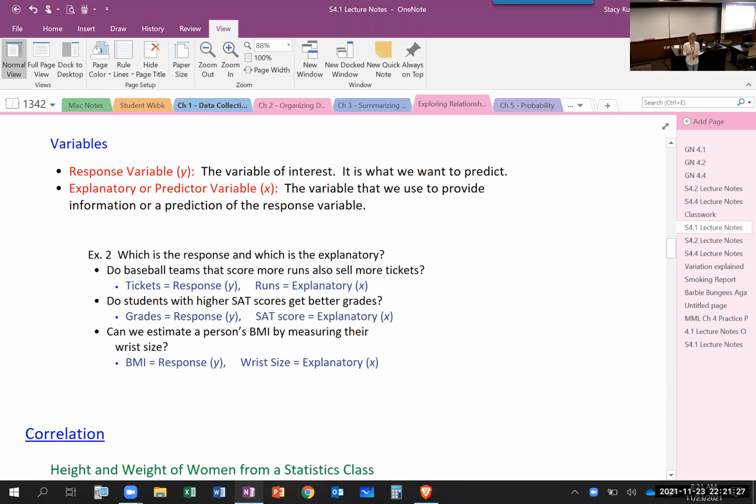We're trying to predict the selling of those tickets. If you score more runs, is it going to sell more tickets? Is that the question that's being asked? So because we're trying to predict if we're going to sell more tickets, selling more tickets becomes the response variable and the scoring of the runs becomes the x variable, the predictor.